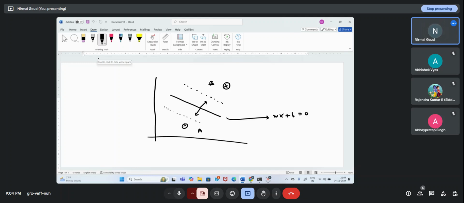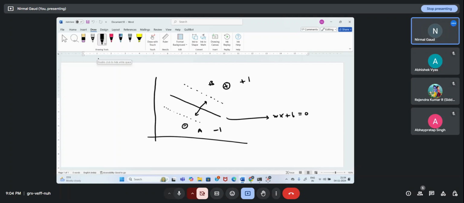Therefore, if I'm doing linearly separable classification, it's binary classification. Let me have this as the positive class and this as the negative class. A and B can be represented as plus 1 and minus 1.